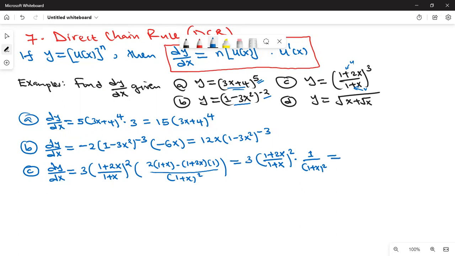When you apply the laws of indices, you're going to get 3 into 1 plus 2x, and this is squared, everything over 1 plus x raised to 4.